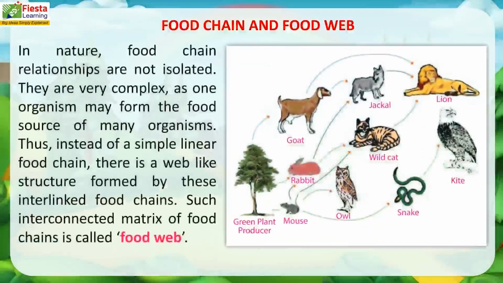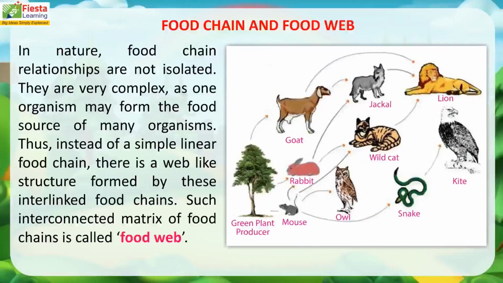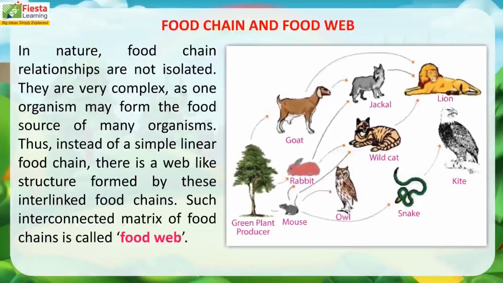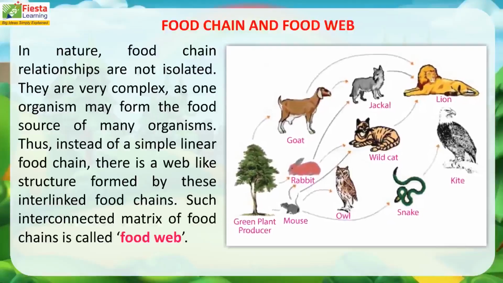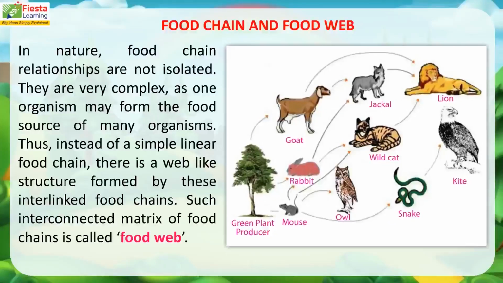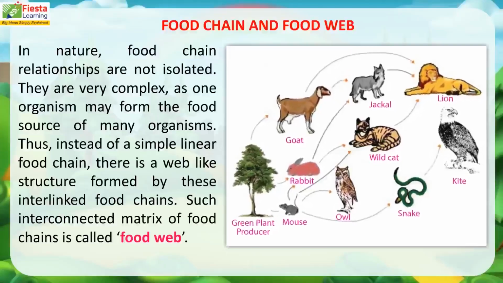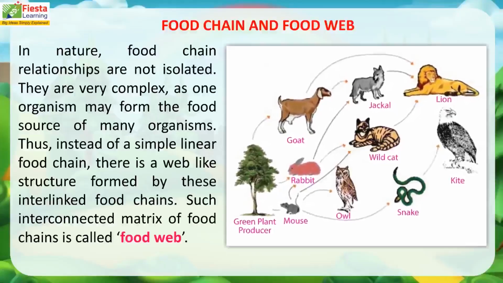In nature, food chain relationships are not isolated. They are very complex, as one organism may form the food source of many organisms. Thus, instead of a simple linear food chain, there is a web-like structure formed by these interlinked food chains.